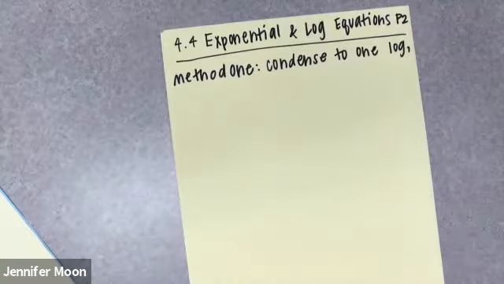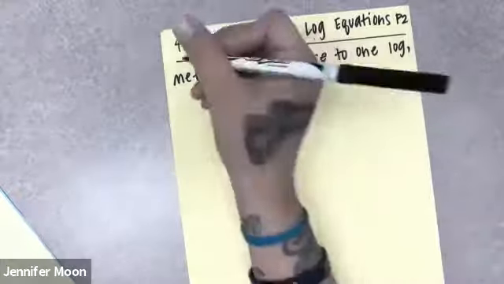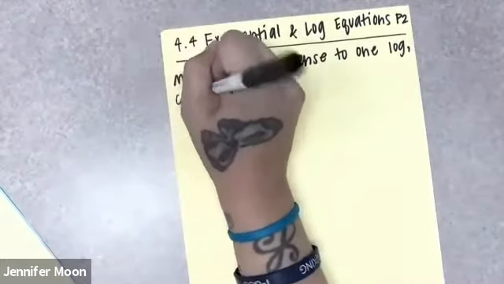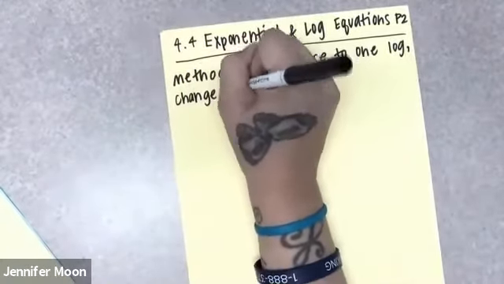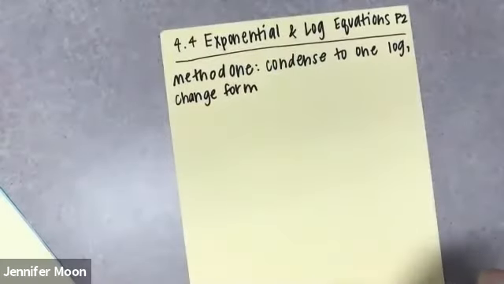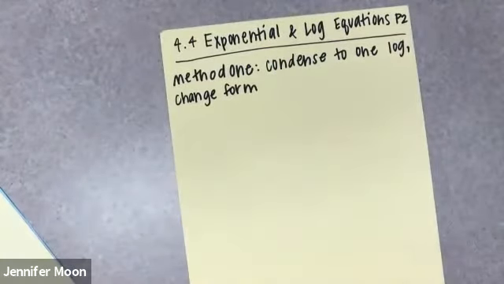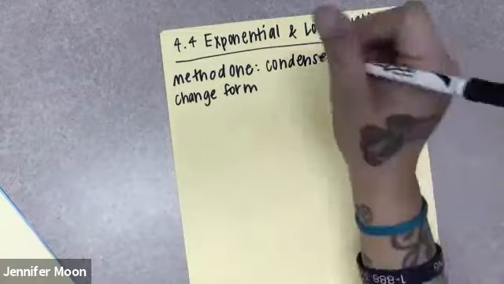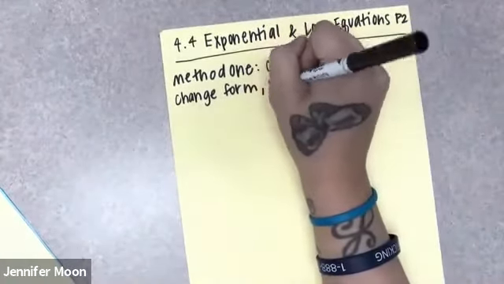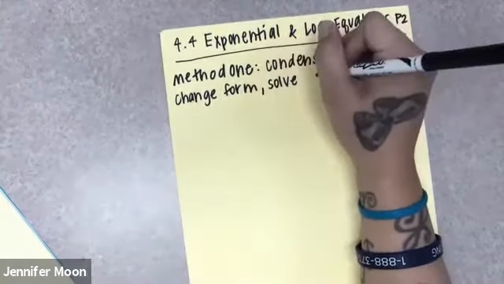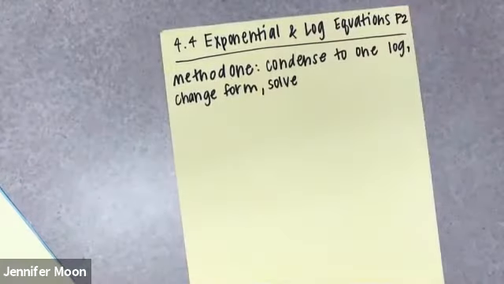Because you'll see multiple logs in your problem. Well, I need to condense it into 1. So condense to 1 log, change forms. Well, if it's written in a logarithmic form, what I mean by change forms is to go to exponential form, right? Comma, solve.